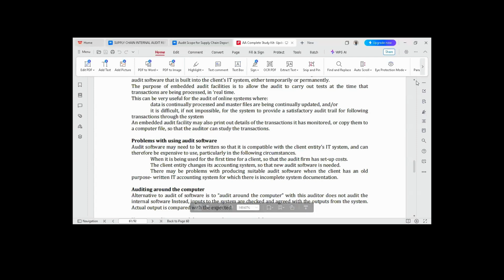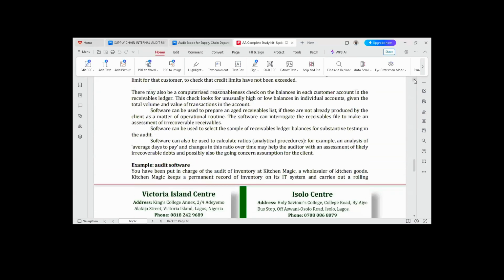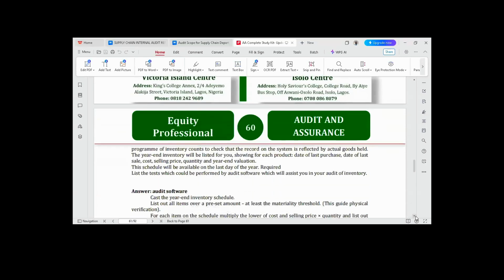Let's continue. So, like I said, there is a question here. Look at the question. They said you have been put in charge of the audit of inventory at Kitchen Magic, a wholesaler of kitchen goods. Kitchen Magic keeps a permanent record of inventory on its IT system and carries out a rolling program of inventory count to check that the record on the system is reflected by actual goods held.